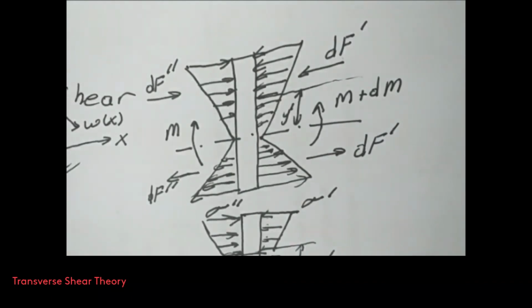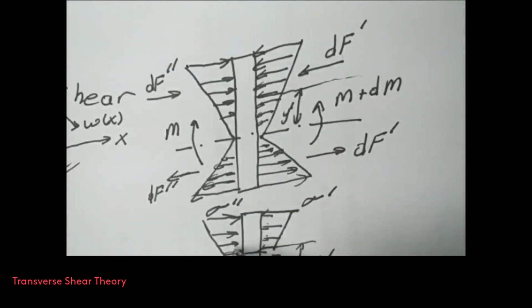Remember that this shear force will be balanced by the force here. So there will be a shear stress here, and another shear stress here. Let's assume that we have a shear stress on this face, and on either face the magnitudes of the shear stresses are the same. Now let's write the force equilibrium for this configuration.